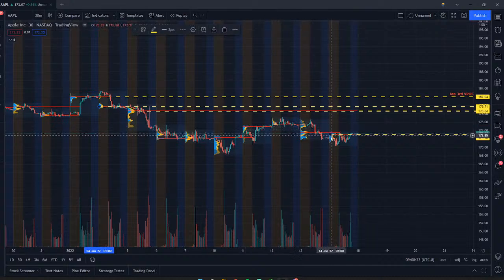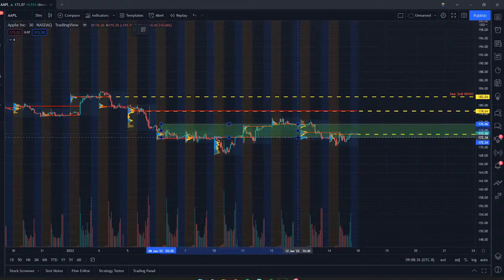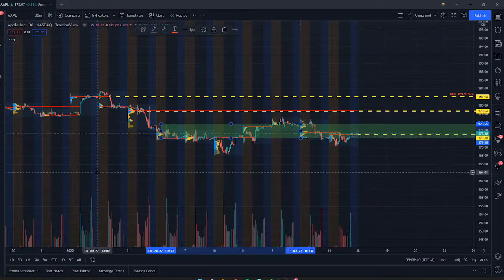And then all of these POCs here, you could draw a rectangle to cover all of these. This is an area you're probably not looking to trade because there's so much choppiness happening through here.